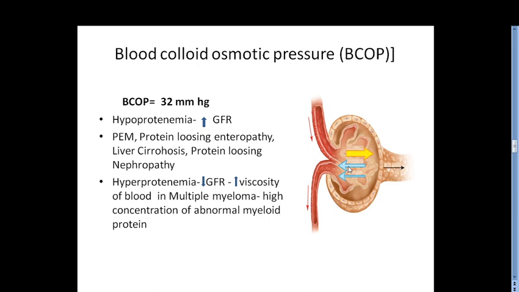The most common is protein energy malnutrition, then protein losing enteropathies and liver cirrhosis. As we know, the liver is the main organ which synthesizes albumin and different kinds of globulins. So in chronic liver disorder leading to liver cirrhosis, there is hypoproteinemia.